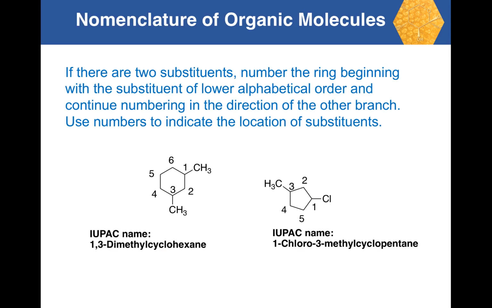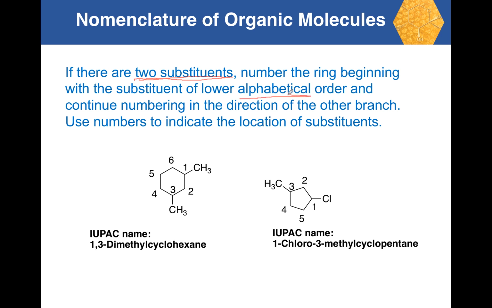Let us look at a more complex molecule. This one has 2 substituents. So if we have 2 substituents, what do we do? First, we have to number the ring, and we have to start at the point where the substituent is, based on the alphabet.